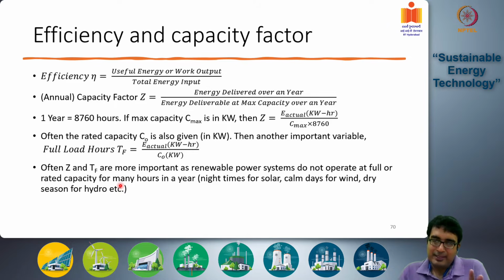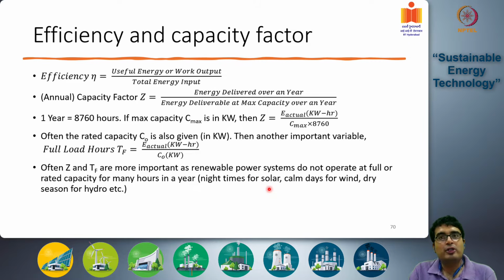So often this capacity factor Z and the full load hours are important parameters for renewable power systems because they do not operate at full or rated capacity for many hours in a year. For example, think of a solar plant, a solar farm. Clearly, it does not generate any power at night.